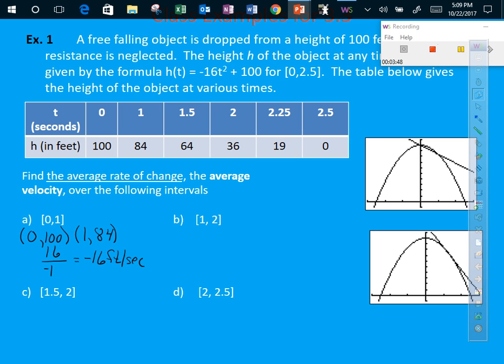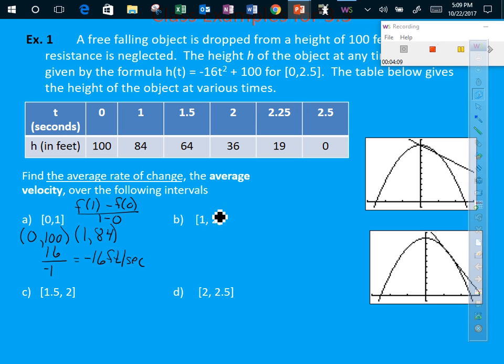Now, guys, I won't always write them as ordered pairs. You'll see it really like this. You'll see f of 1 minus f of 0 over 1 minus 0. That means the y value at 1 minus the y value when x is 0, over 1 minus 0.